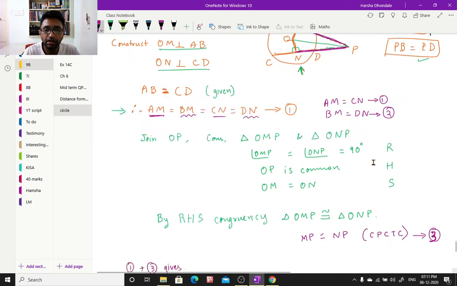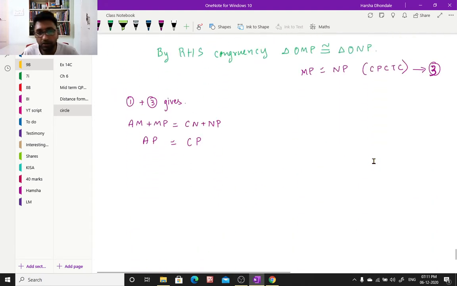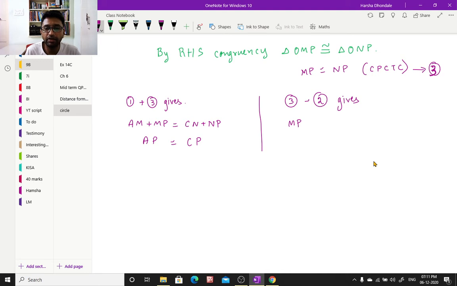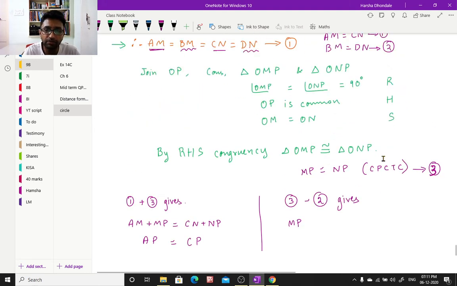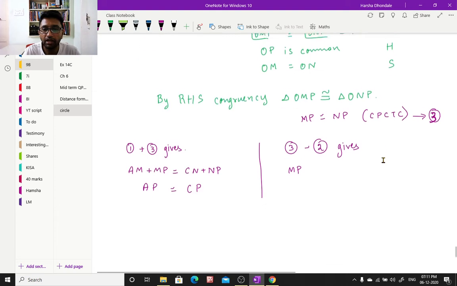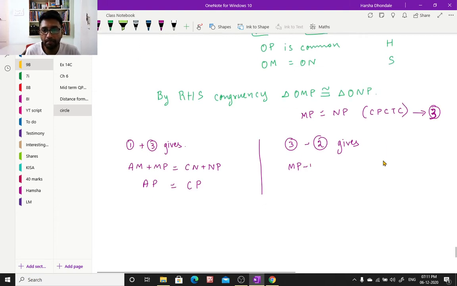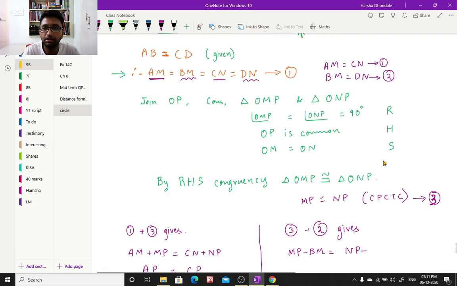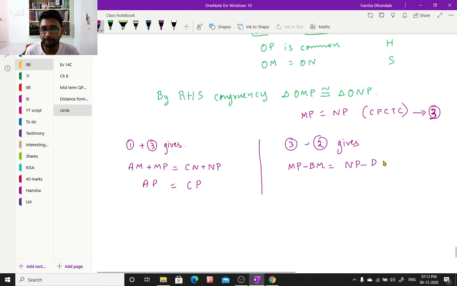Next, equation 3 minus 2 gives MP minus BM is equal to NP minus DN. What is MP minus BM?